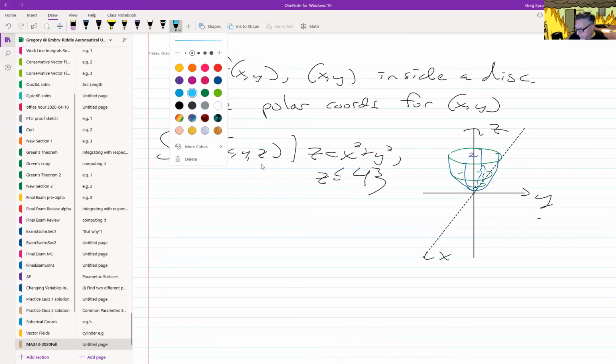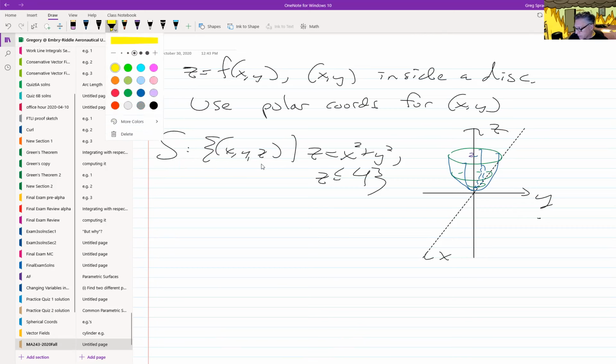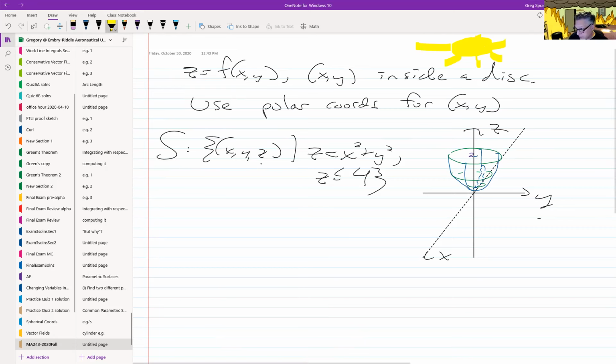Let's look at the shadow of this surface on the xy plane. That's a disk. So we need to find the radius of the disk. Sorry, that should be 4, not 2. Well, along the rim of the vase, z equals 4, and z also equals x squared plus y squared. So the radius is 2.